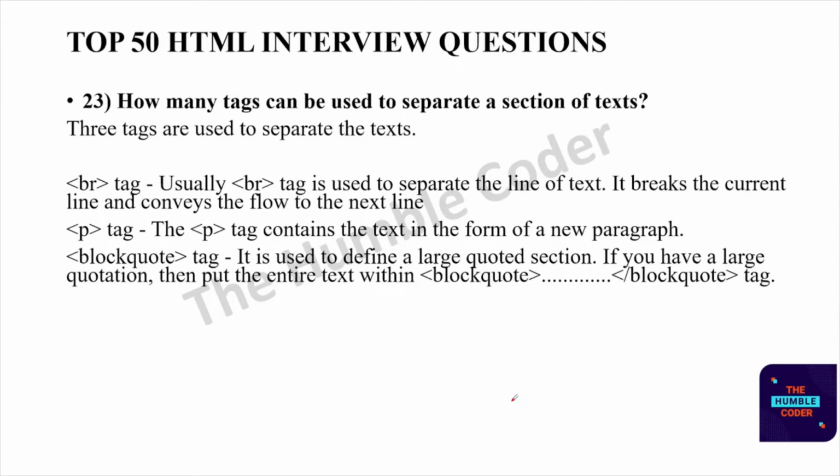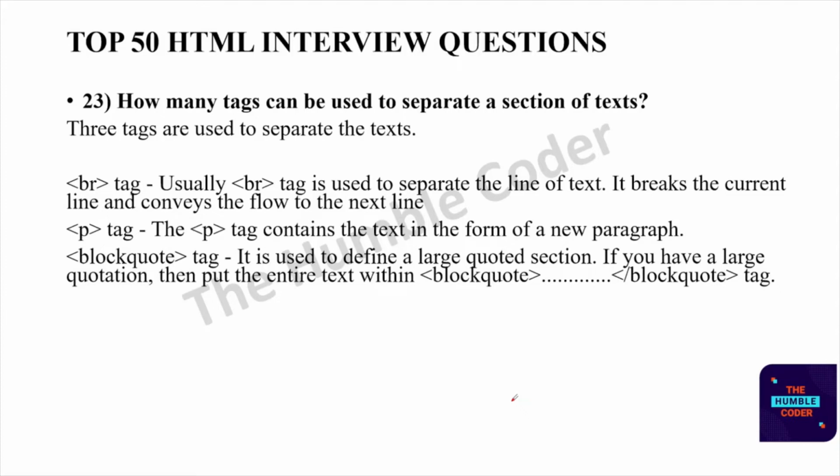If we do not use a break tag, and we simply press enter in our HTML code, then the two lines that we are writing will be displayed in a single line. So if we have to display the contents in two different lines on our web page, we need to use the break tag in between these two lines.